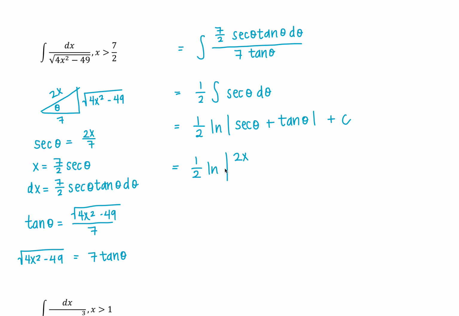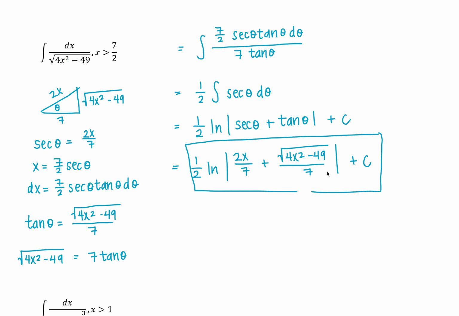So we have 1/2 times the natural log of 2x over 7 plus the square root of 4x squared minus 49 over 7, plus c. And if you wanted to, inside of the natural log, or inside of the absolute values there, you could have written 2x plus the radical all over 7. I'm not going to take the time to rewrite it, but you could if you wanted to.